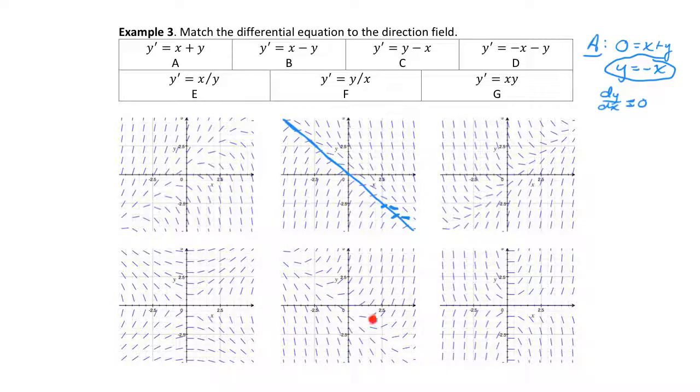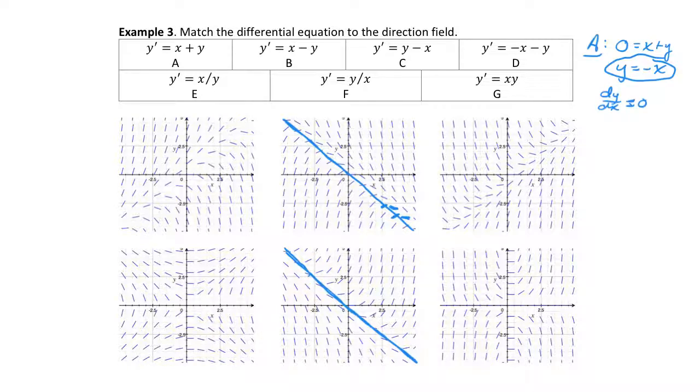Here's one that looks good, though. I have negative slope, a positive slope, a negative slope, a positive slope. I think this is another potential candidate for graph A there. And then the last one is definitely not A. It's not A because here the slopes are negative. Here they're also negative. So that's not going to work for part A either.